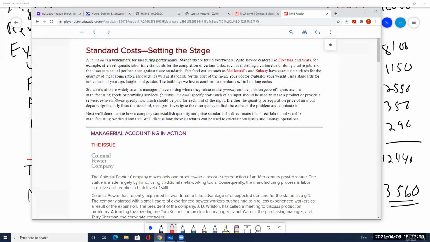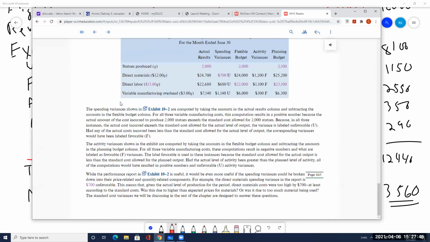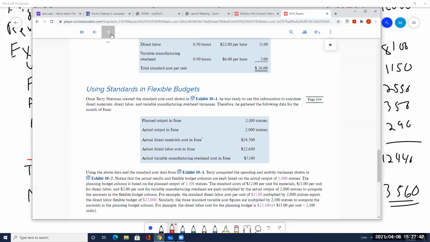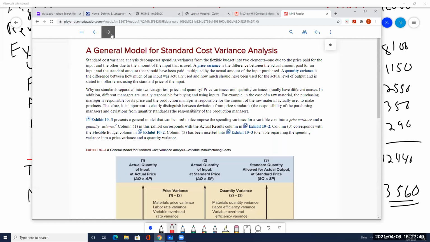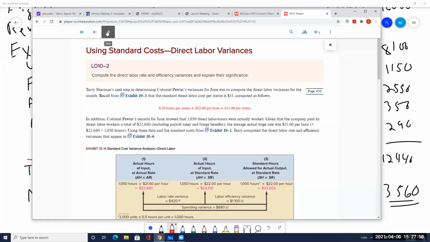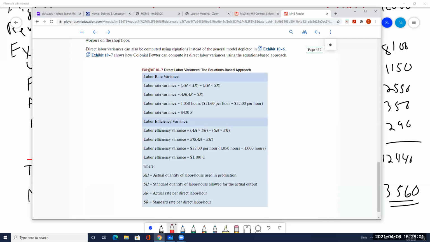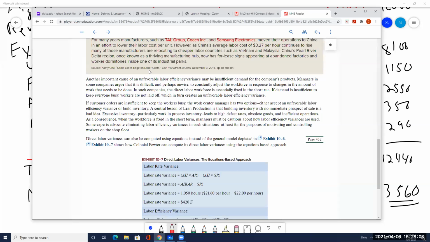Let's see what page I'm pulling up here. Like 449. Let's go to 10.5.